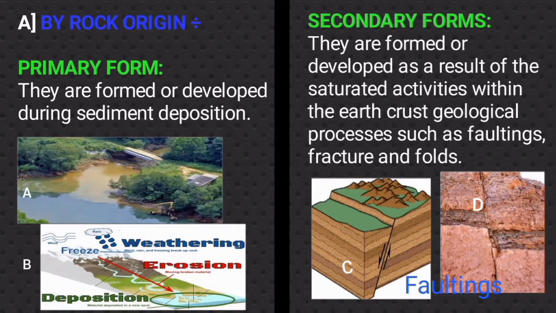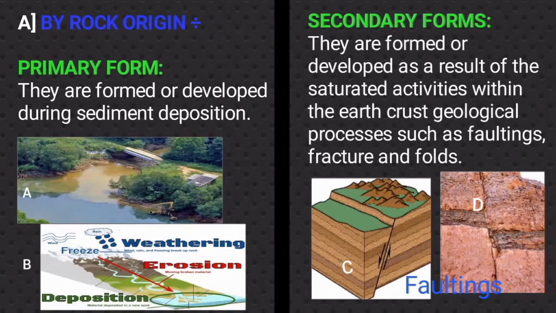After it's been transported to the water, it settles at a spot. That spot is what we call sediment deposition. It keeps multiplying and increasing in volume, compressing each other, with other phenomena like temperature and pressure, then cementation to form a sedimentary rock.